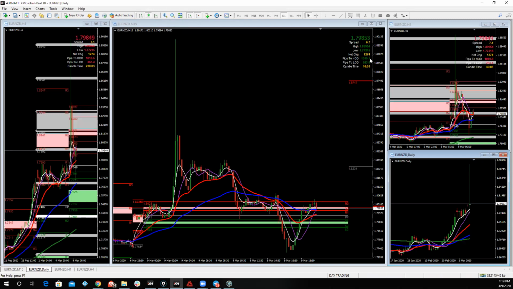And in this column right here is a pip counter, right? It tells you the spread, the high, the low of the candle, where the candle opened, where the candle closed, right? And some pips to hold. I don't really understand all the numbers in here, but basically this indicates what price is doing.